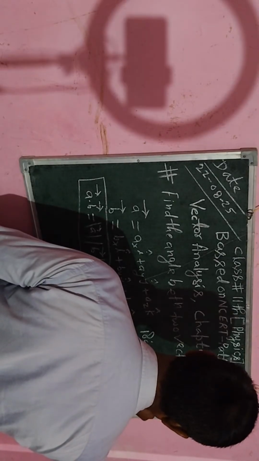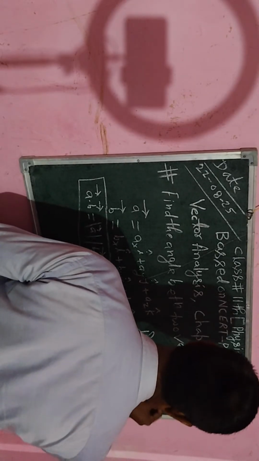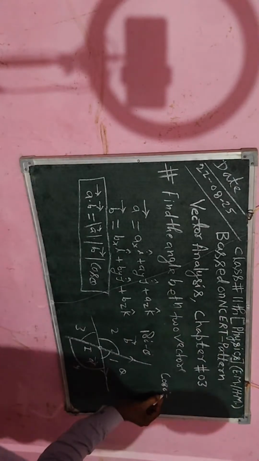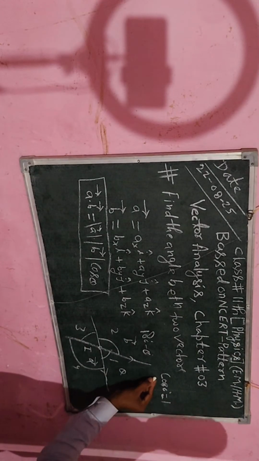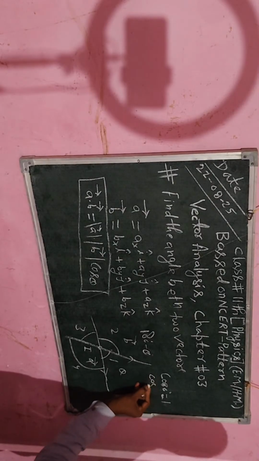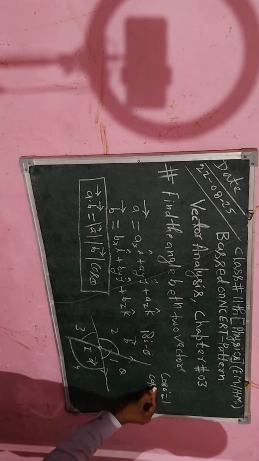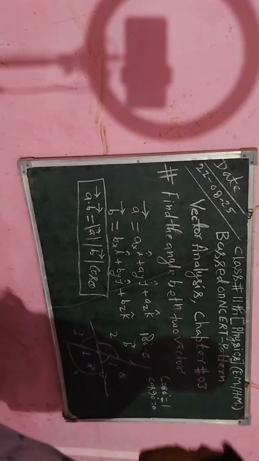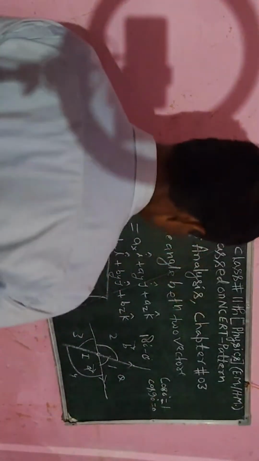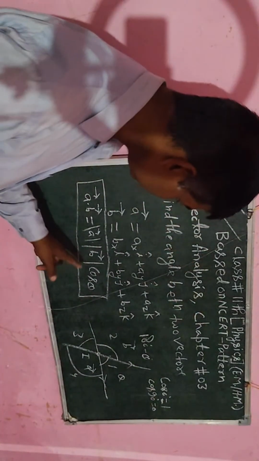Now I am asking one question, and you have to note it properly. Cos 0 degree, what will be the value of cos 0 degree? Its value will be known. Cos 0 degree is equal to 1. And cos 90 degree: if this angle is 90 degree, then cos 90 degree is equal to 0. Student has to know this concept properly.